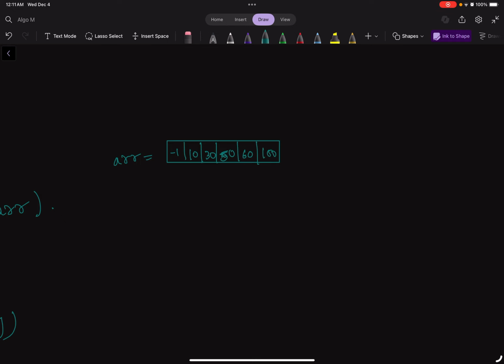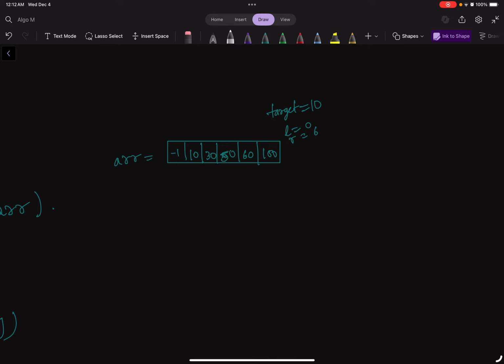Okay, so we have target equals 10, L equals 0, R equals 6.